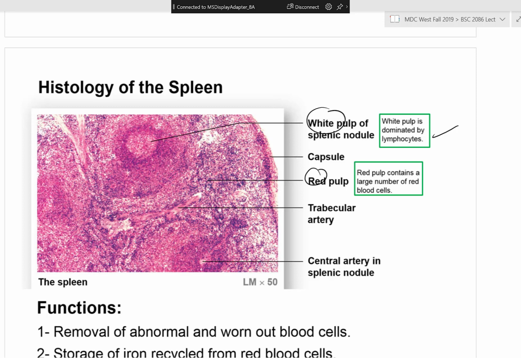But on the red pulp, you're able to do what? You can have high amounts of storage, but at the same time, you're able to make more red blood cells. Remember when we talked about blood, we said that in fetuses, since they don't have long bones, or the long bones are not completely ossified, you need to depend on something else, and that was what? The spleen.